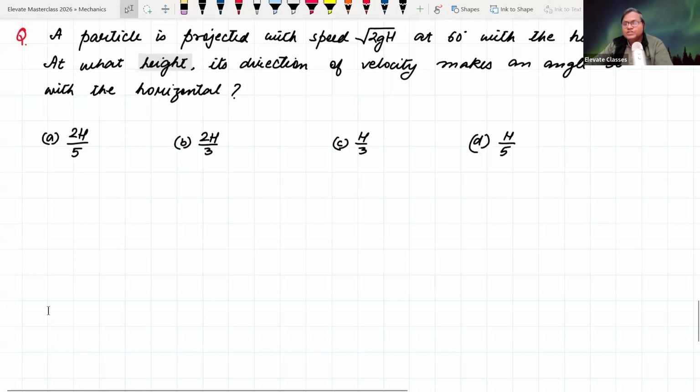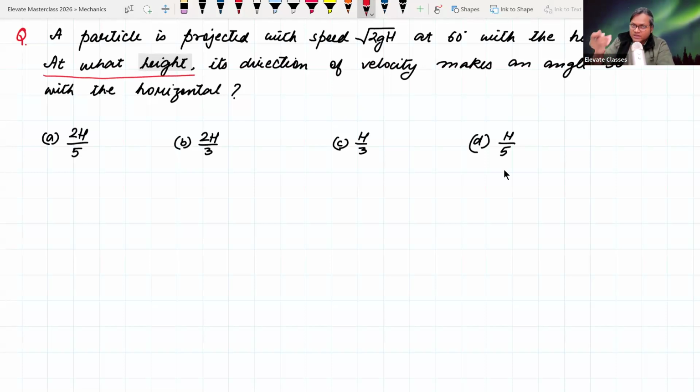A particle is projected with a speed of root 2 gh at 60 degrees with the horizontal. At what height does its direction of velocity make an angle of 30 degrees with the horizontal? This is exactly similar to the previous problem, but the only difference is पिछले क्वेश्चन में पूछा था after how much time. इस क्वेश्चन में पूछा है at what height the direction of velocity makes 30 degrees with the horizontal. Try.